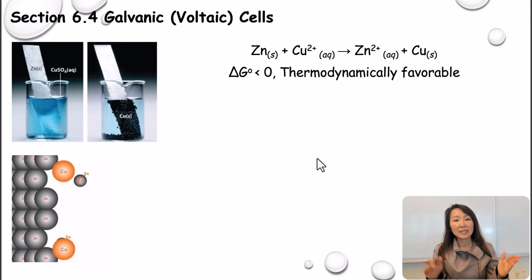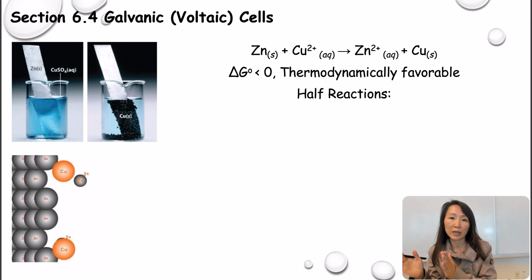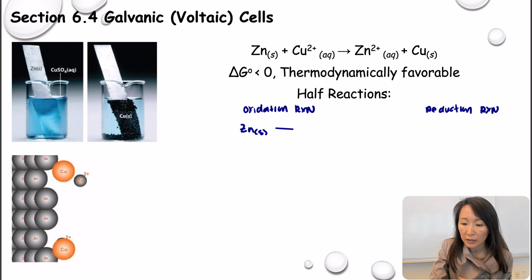Let's divide this into two half reactions. We have oxidation on the left-hand side, and we're going to put the reduction on the right-hand side. So here's my oxidation reaction and my reduction. Oxidation: we have zinc solid forming into zinc 2+.